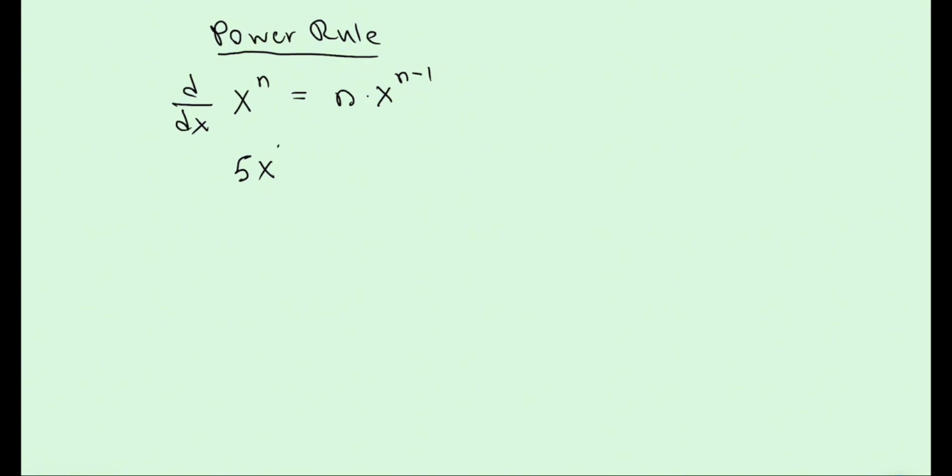Well, the power here is 1. Therefore, 1 is what we bring down. So we have 5 times 1, times x to the 1 minus 1 power. And this equals 5x to the power 0, which equals 5, since anything raised to the power 0 is 1.